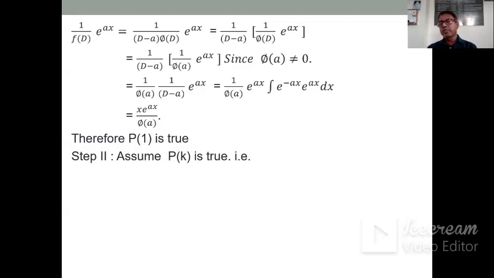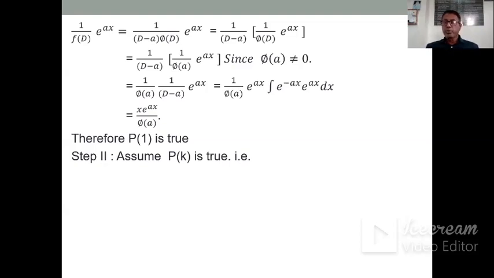Means in the previous result, instead of r, if we choose k, then this statement is true. This is our assumption. And with the help of this assumption, we want to prove that Pk plus 1 is also true. If this is true, then by the principle of mathematical induction, we are able to conclude that the statement PR is true for all natural numbers r.